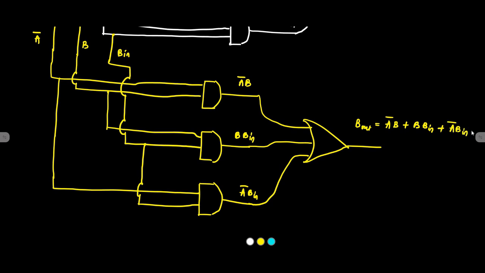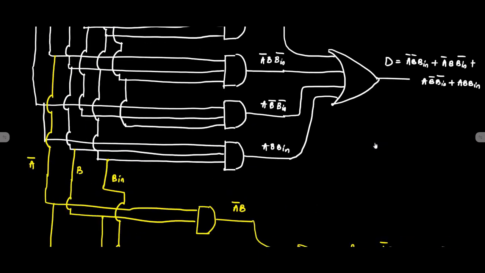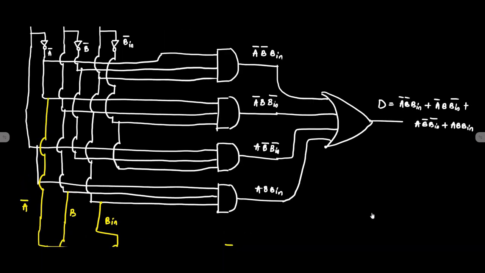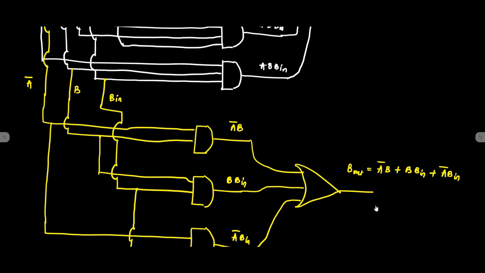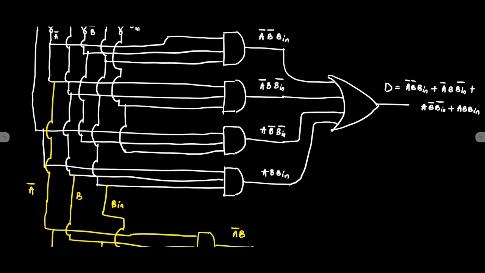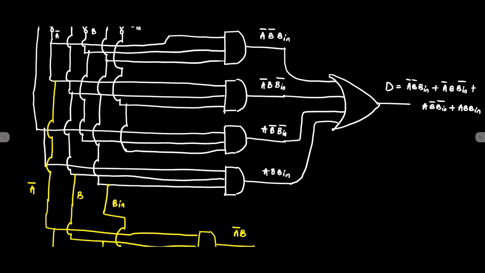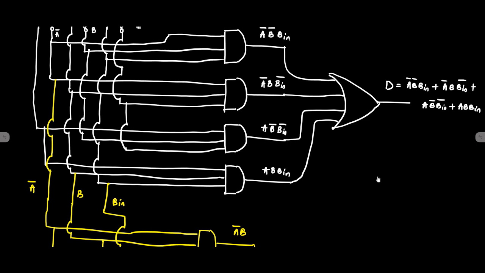So here we have got the difference, and here we have got the borrow. So here we have implemented the full subtractor using only basic logic gates without XOR.